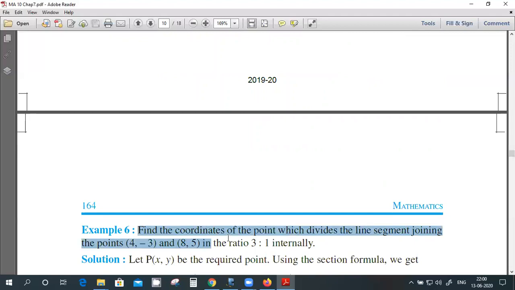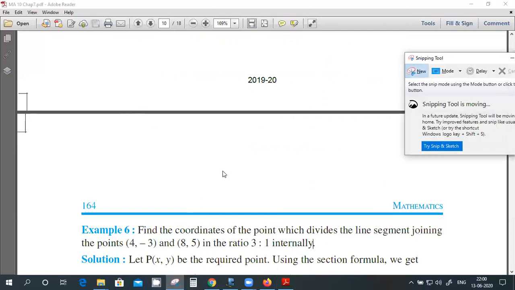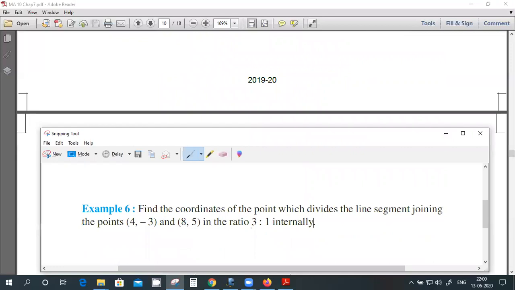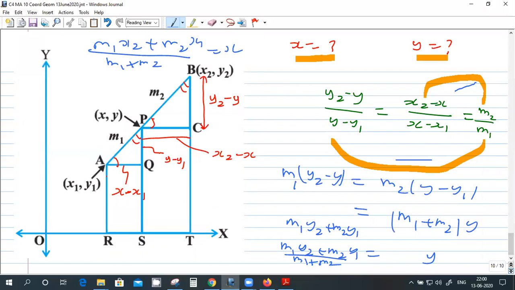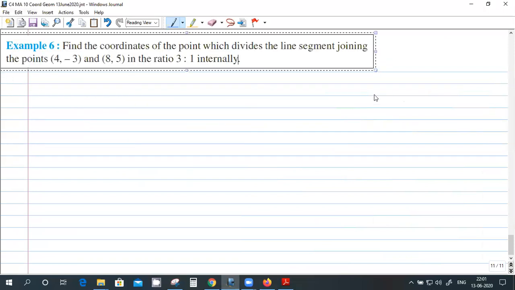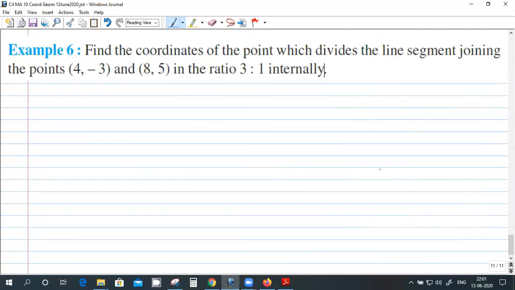Yeah, you have to use the section formula. But sir, here the ratio is given. Yeah.